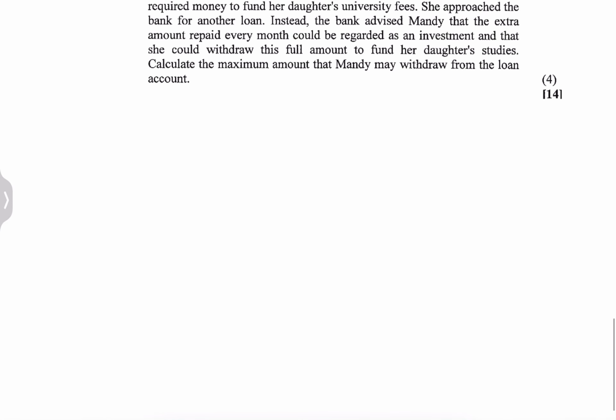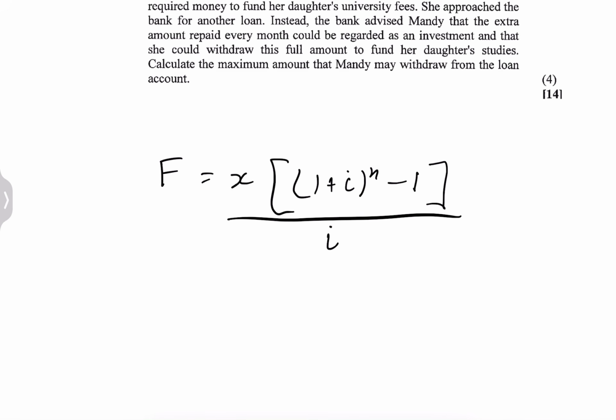So I can use my future value formula and take that as an investment. The future value is x times 1 plus i, minus 1, divided by i. How much is she investing?